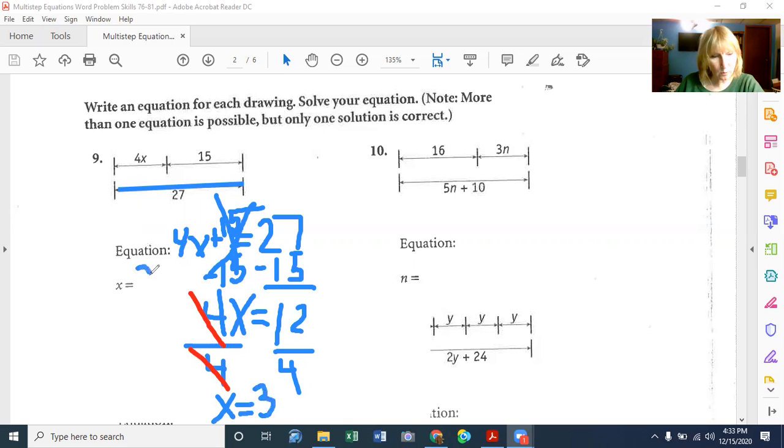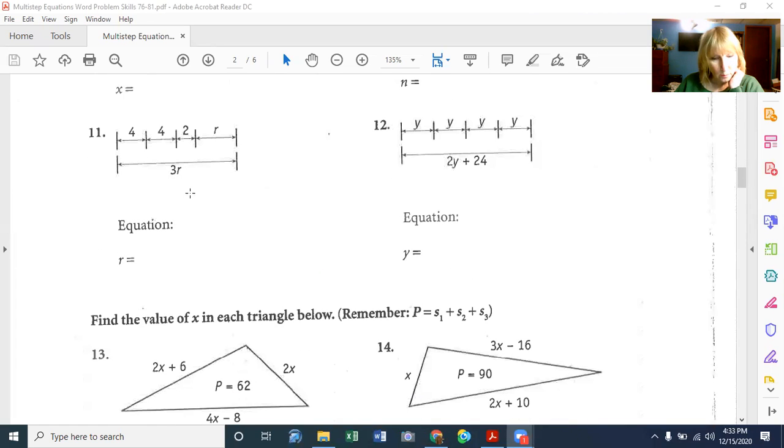So my x is equal to 3. And if I plug that back in up here, it should equal 27, my total. So 4 times 3 is 12. This little spot here, this length is 12, plus my 15 should equal 27. And it does. So I did it correctly. Let's clear that.